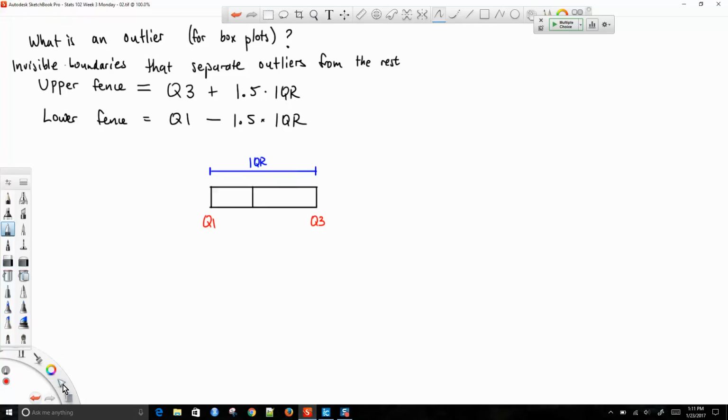So if I take my IQR, it's actually just this part, okay? So if I take this and I go out 1 and then half of this, so what's that? Maybe like right there, okay? So this is 1.5 times the IQR.